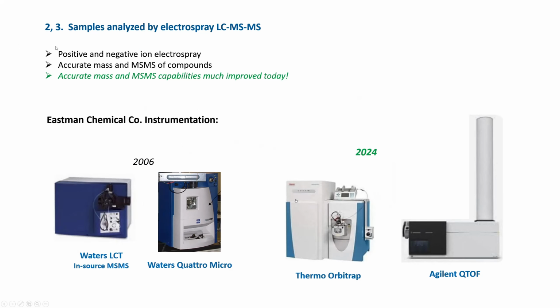We do both positive and negative ion electrospray and get accurate mass and MSMS of the compounds. And what's changed since 2006 is the hardware and software for doing accurate mass within our laboratory at Eastman, which makes it a much more powerful approach.